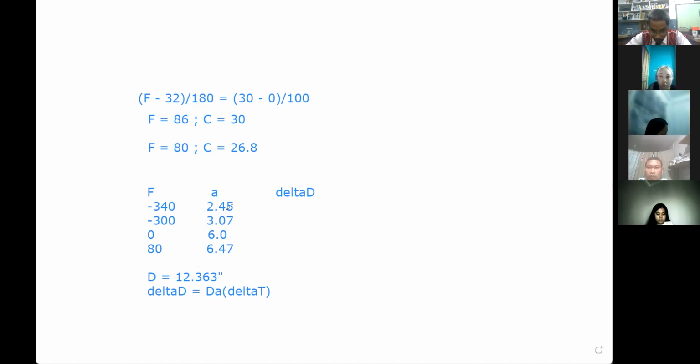Why do we use 2.45 and not 3.07? Because our temperature is negative 340. We have to solve this first line first. Negative 340, therefore this is 2.45. That's why we have the calculator here.